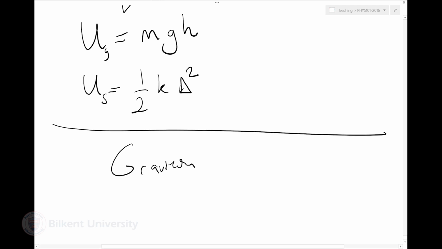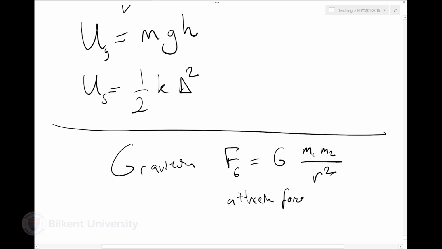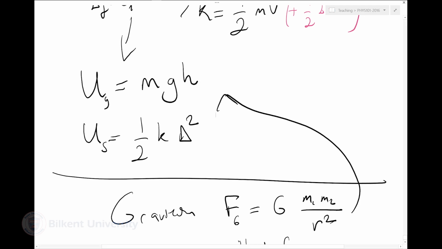gravitation. In gravitation, what was Newton's law of gravitation? For any two masses, there was a force which was G m1 m2 over r squared, an attractive force. It's a conservative force, which can be derived. mgh is only an approximation to the full formula, minus G m_earth m divided by r.